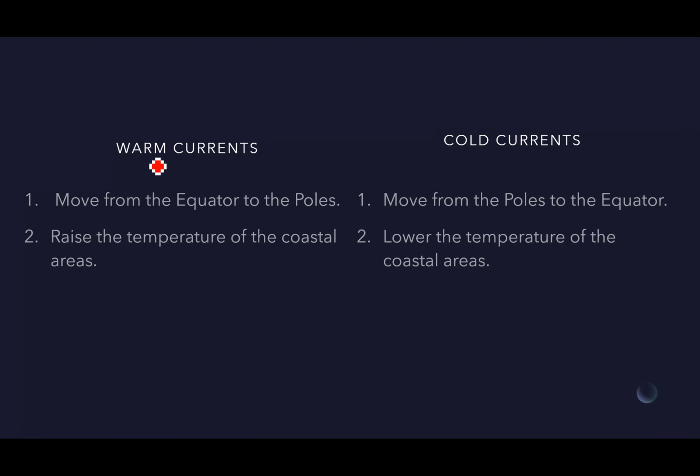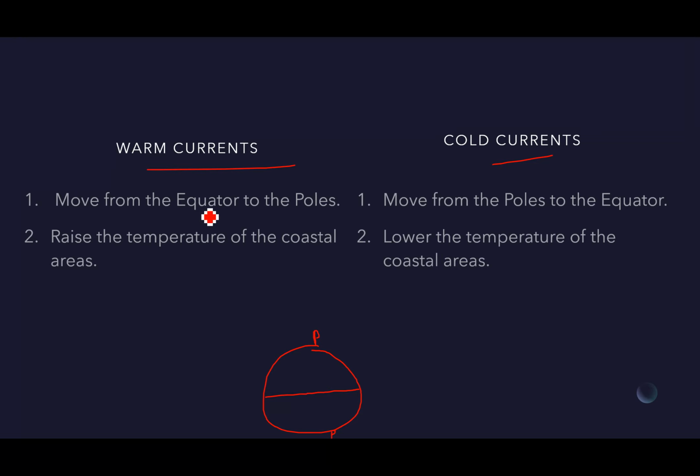Now, let's look at the difference between the two. The warm currents move from the equator to the poles. This is the equator, and this is the North Pole, and this is the South Pole, right?